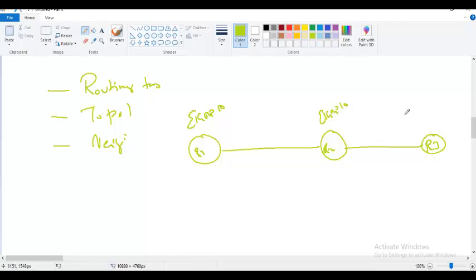I want EIGRP to form neighbor. There is a way that we do this, but it is too far away from the CCNA level. At CCNP level this is important, but I'm just telling you now. Again, I'll repeat it when we go there. You see, we can run more than one EIGRP.